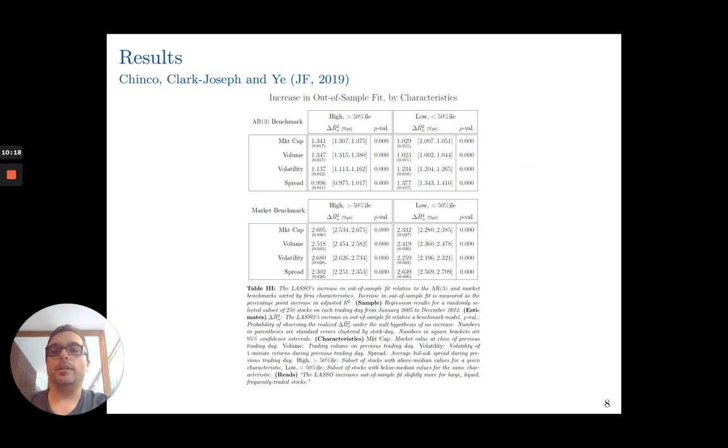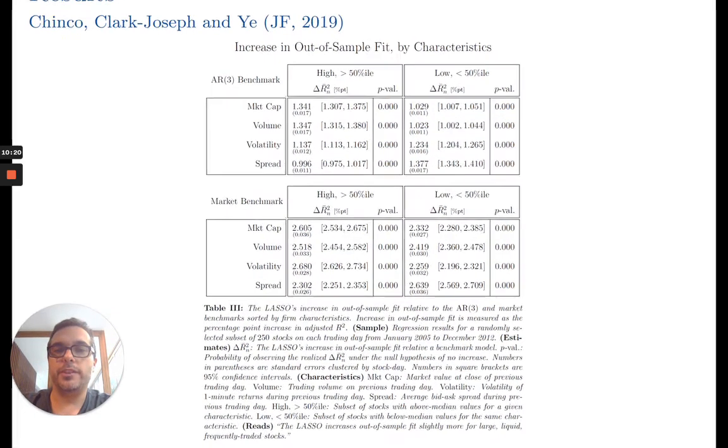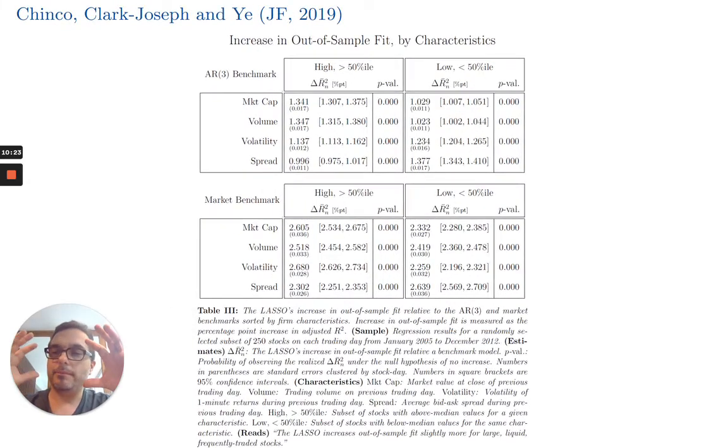And they also look in this table, for instance, at whether maybe this result is being driven by some specific firms. So let's look at firms ordered by market capitalization, volume, volatility, and spread. It looks at firms over the median and below the median, okay?